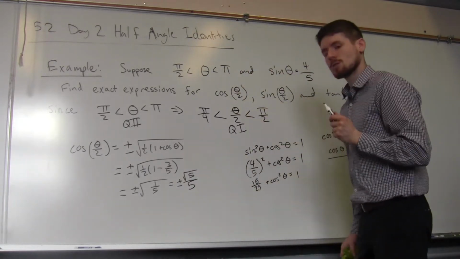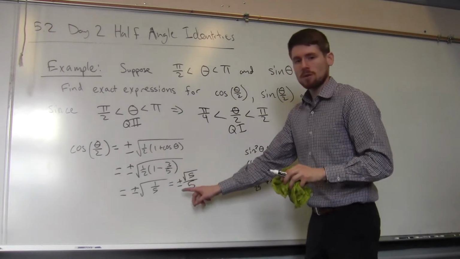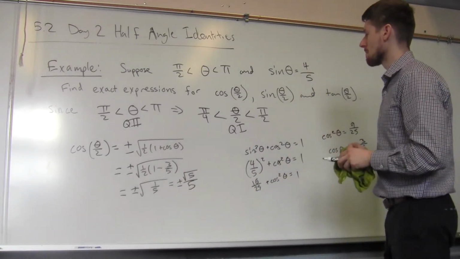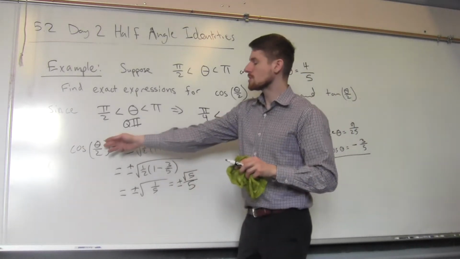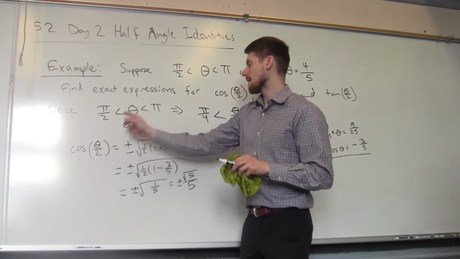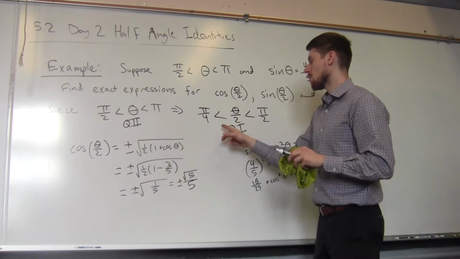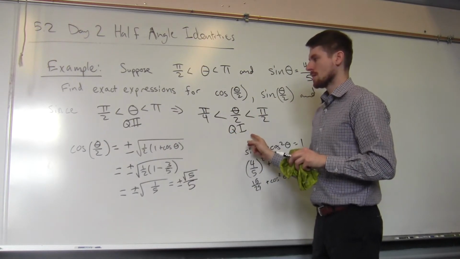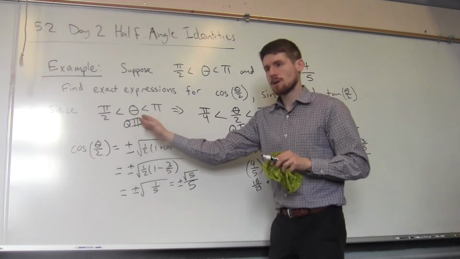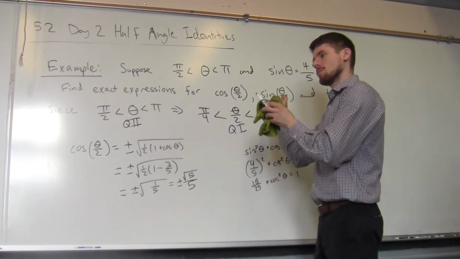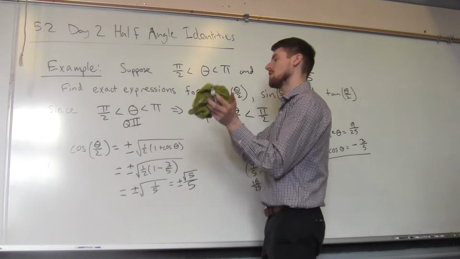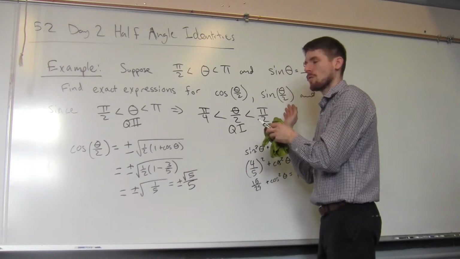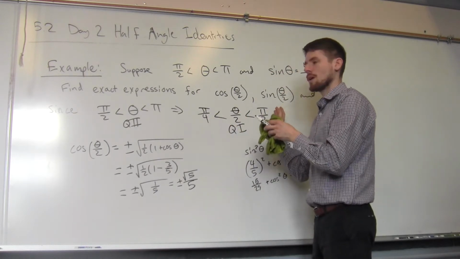Now we arrive at the question: is it the plus or the minus for this root? Well, remember where theta over 2 is. I figured out theta over 2 was in quadrant 1, because theta was in quadrant 2 and when you halve the values you end up in quadrant 1, somewhere between pi over 4 and pi over 2.